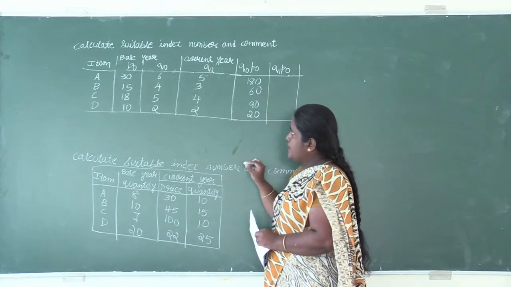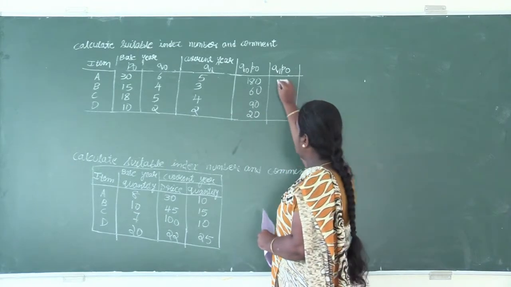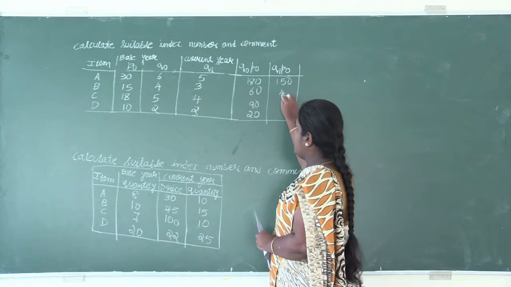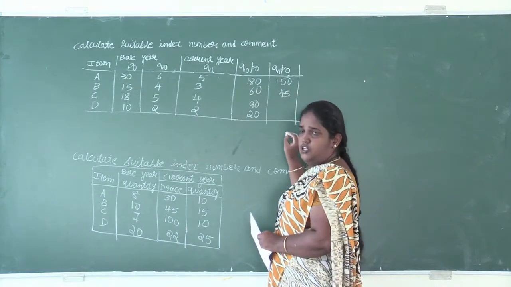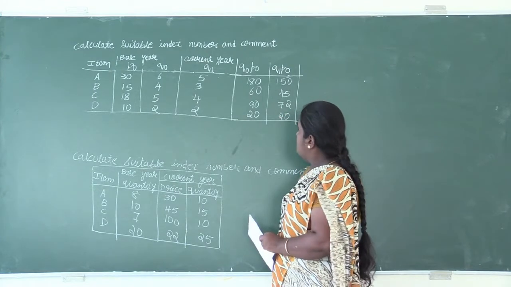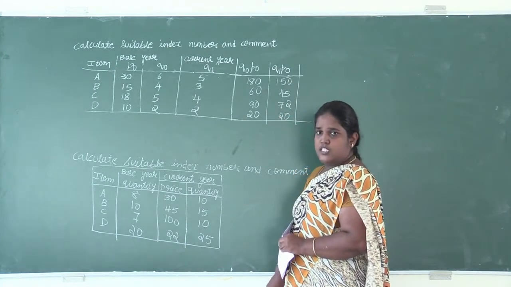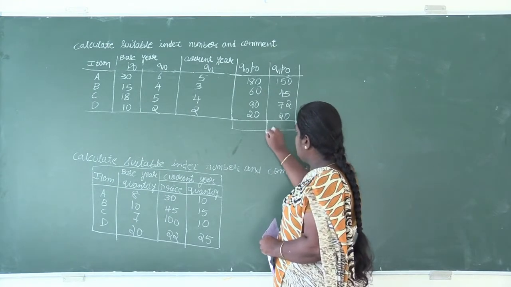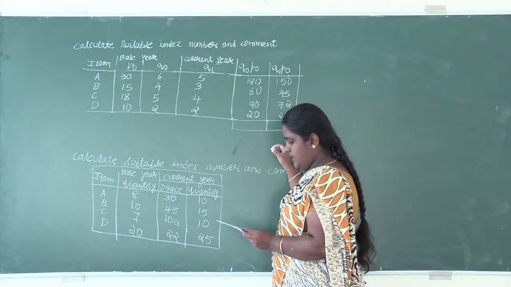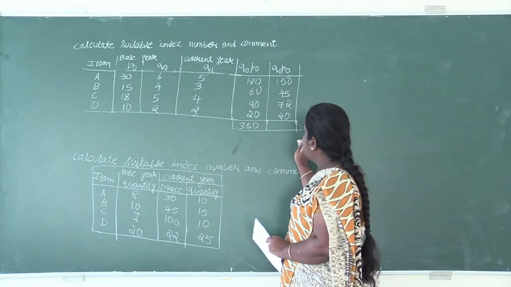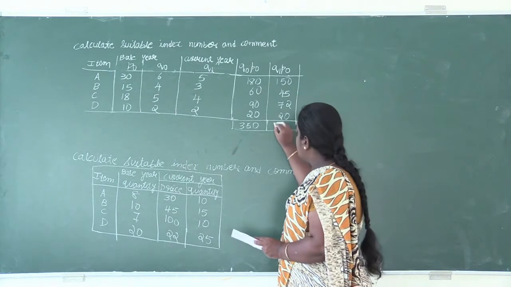Next one, Q1, P0: 30 into 5, 150. 15 into 3, 45. 18 into 4, 72. 10 into 2, 20. We need the total of Q0, P0 and the total of Q1, P0. Q0, P0 is 350 and Q1, P0 is 287.